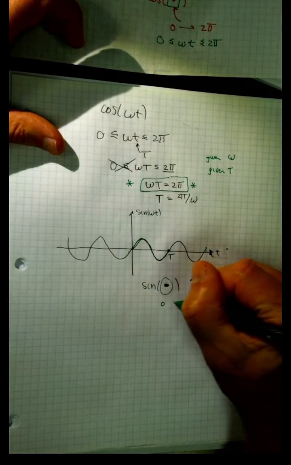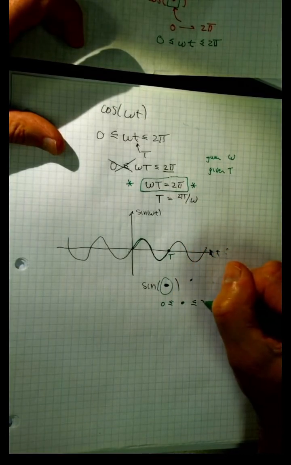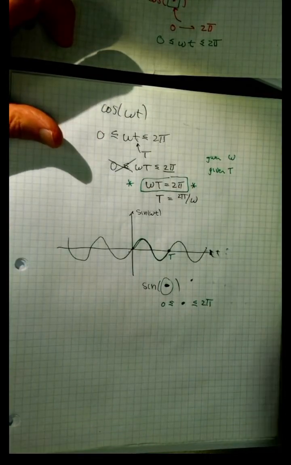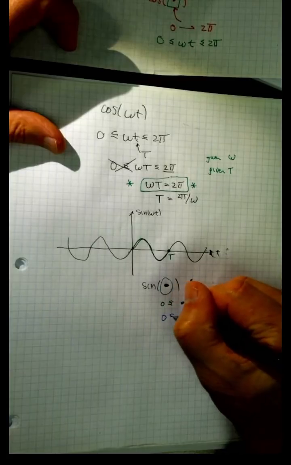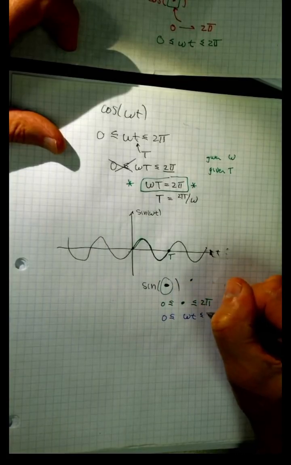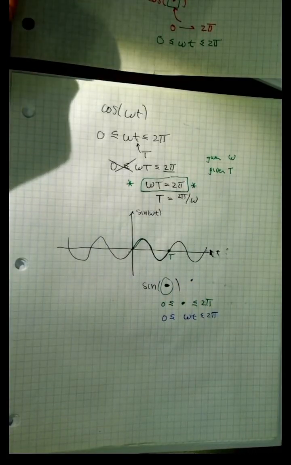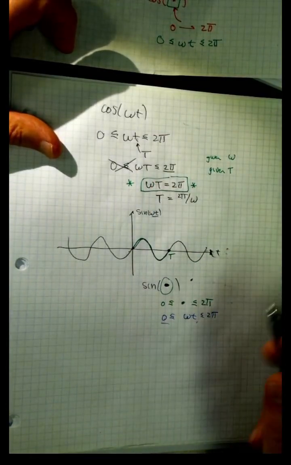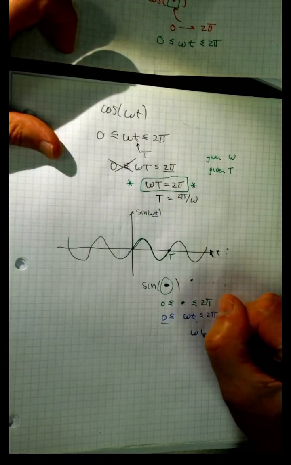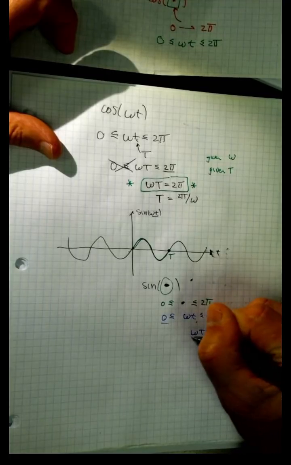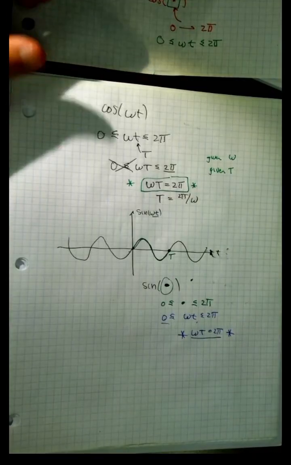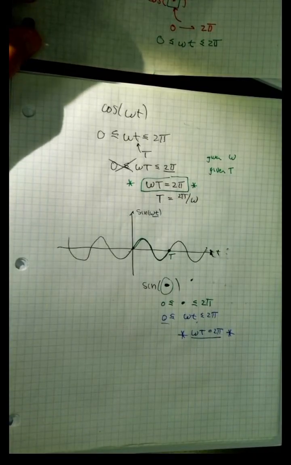This something, as it goes from 0 to 2 pi, will go through one whole cycle. Right? And in this case, the something is omega t. So when t is 0, we get this. And when t is equal to the period, notice we get exactly the same relationship. So recognizing this and knowing how to deal with this is going to be extremely important.